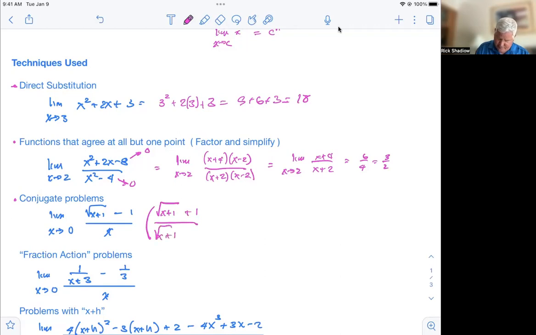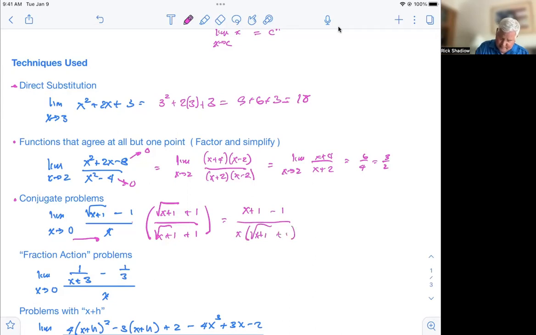Again, I know I have to do something because I can't divide by 0 in that situation. So something has to be done differently. And so when I do that, I get x plus 1 minus 1. That's just the difference of squares, so each of them squared and subtracted. And then over x times the quantity, the square root of x plus 1 plus 1.